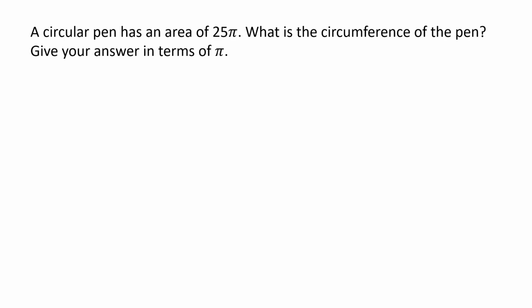A pen has an area of 25 pi. What is the circumference of the pen? Okay, the area, oh boy, I'm having a hard time with my pen right now. So the area is equal to 25 pi.